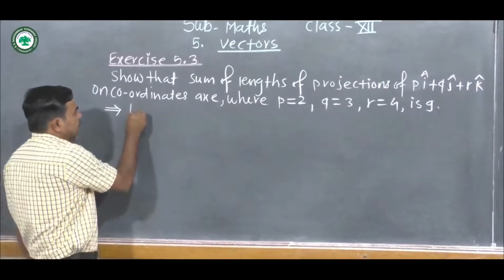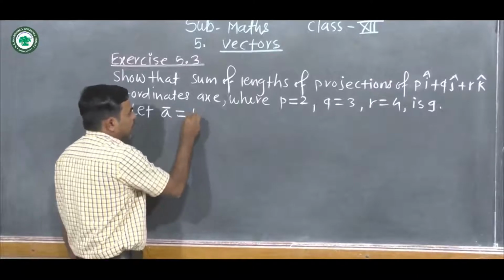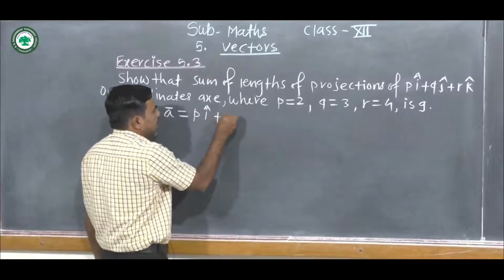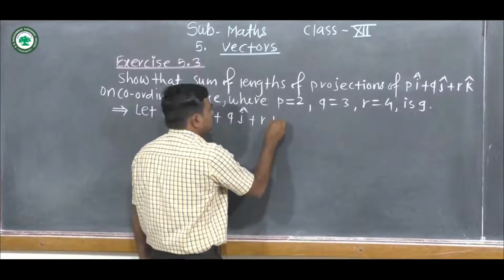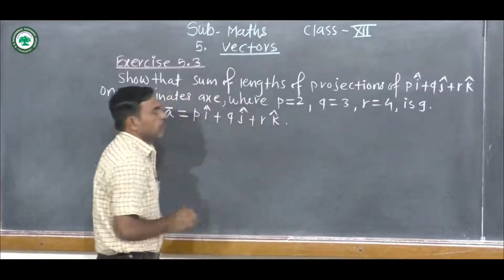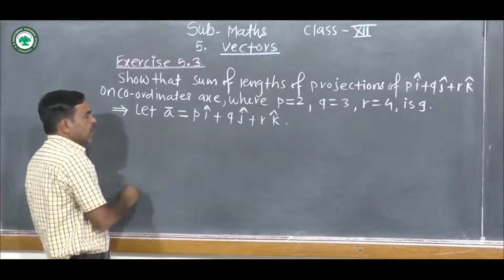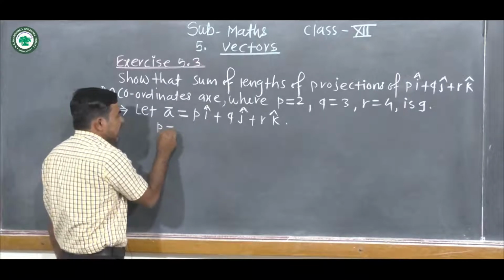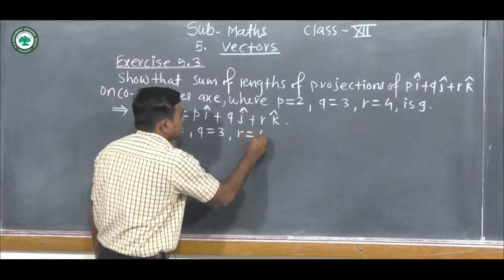So see here, let A bar is equal to P into I cap plus Q into J cap plus R into K cap. This is your given vector. Also it is given that P is equal to 2, Q is equal to 3 and R is equal to 4.